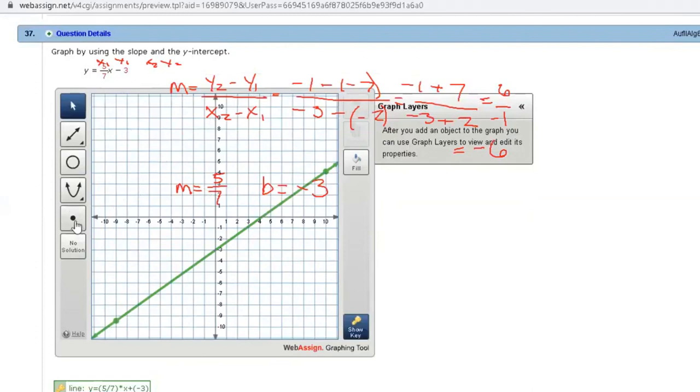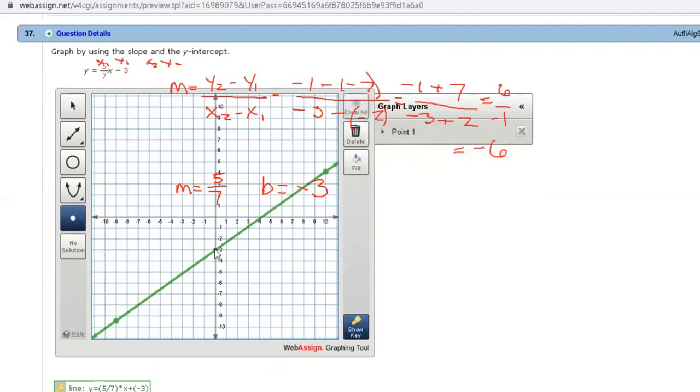So we'll click on the dot icon and we'll put a point at -3 on the y-axis. Then we do our slope, which is 5 over 7. So we go up 5, 1, 2, 3, 4, 5, and we go to the right 7, 1, 2, 3, 4, 5, 6, 7, and we put another point there.